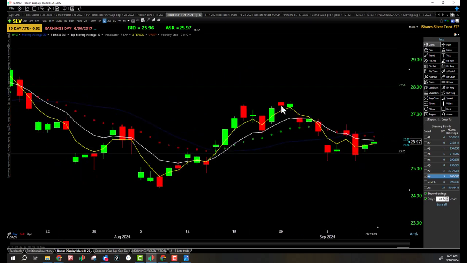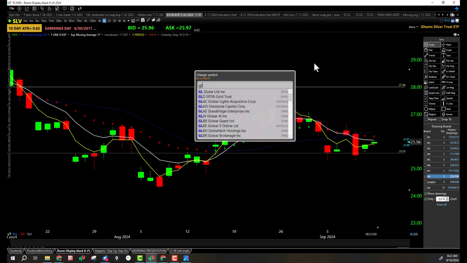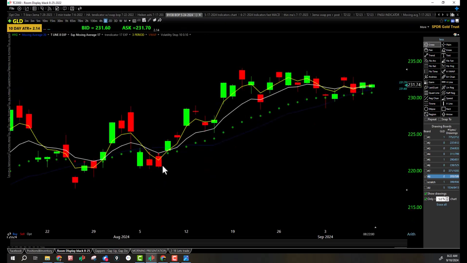Silver still in an uptrend, was in an uptrend when it took out this mountain peak right there, took out that high right there. See that mountain peak right there? So we became in an uptrend then. We'd have to take out this low or this low to become in a downtrend. Silver still in an uptrend, but pulling back right there. GLD also in an uptrend, like I said, looking a whole lot stronger than silver.